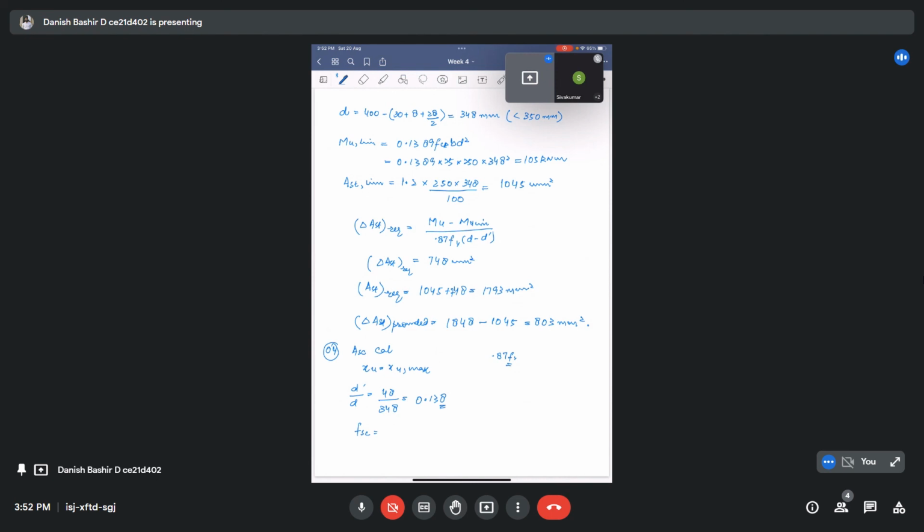Now for compression steel we have to use FSC. It's a table given in the code. We have to use the corresponding compression stress generated in the compression steel for the D dash by D ratio. When we interpolate this D dash by D ratio 0.138 for our FSC value, we get it as 344.7 megapascal.